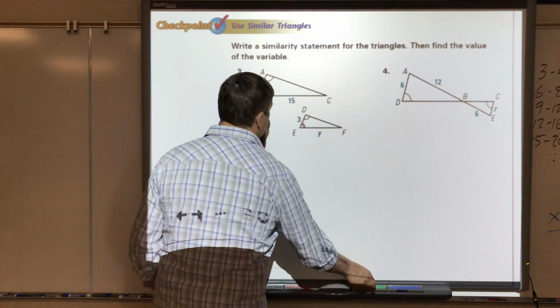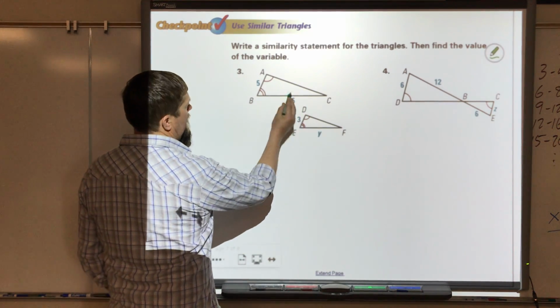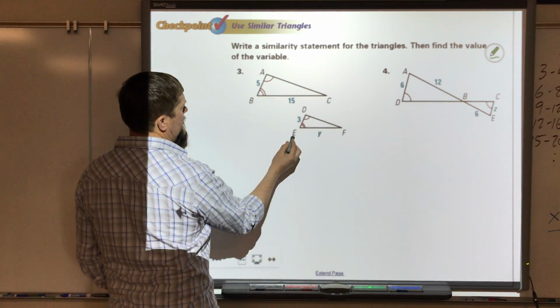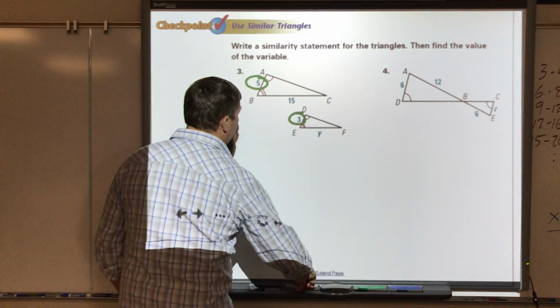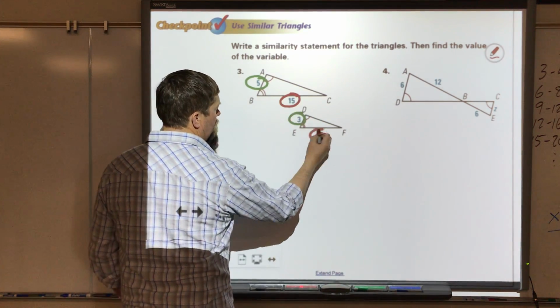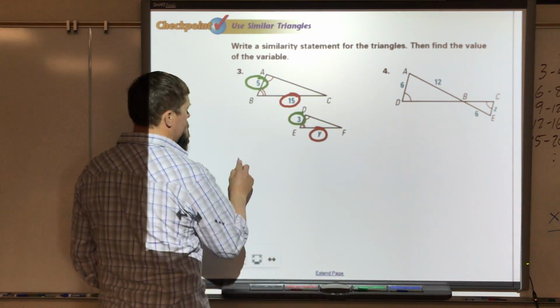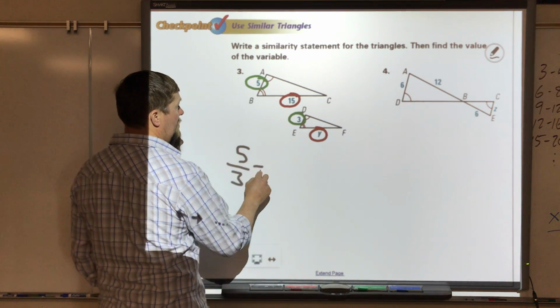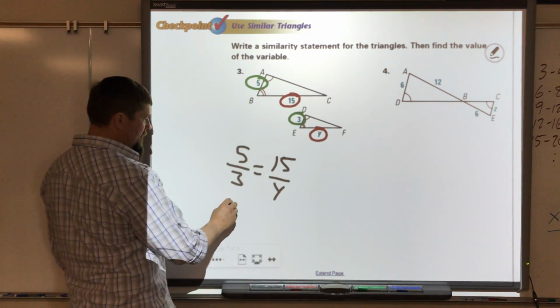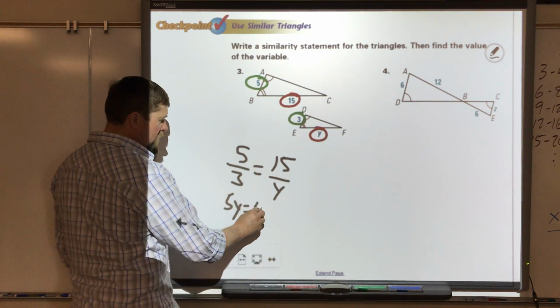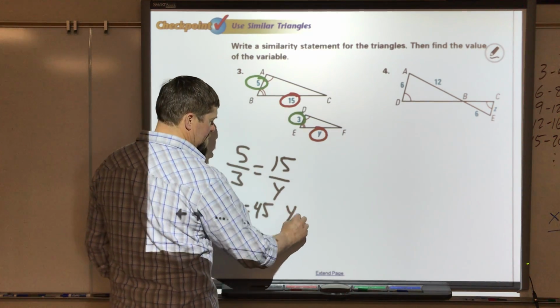Okay, welcome back. We've got two similar triangles because of the angle-angle postulate. I know that 5 compares to 3 as 15 compares to y, so let's set that up. When I solve this, I get 5y equals 45, or y is equal to 9.